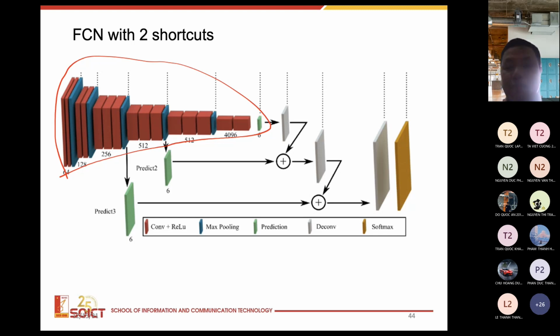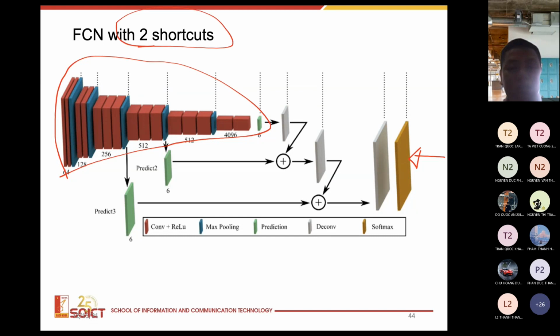And then you have the upsampling layers that enlarge the activation map, and then you do the prediction on that last final activation map, right? You have two shortcuts.